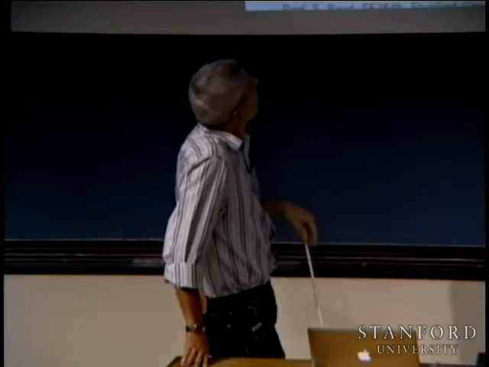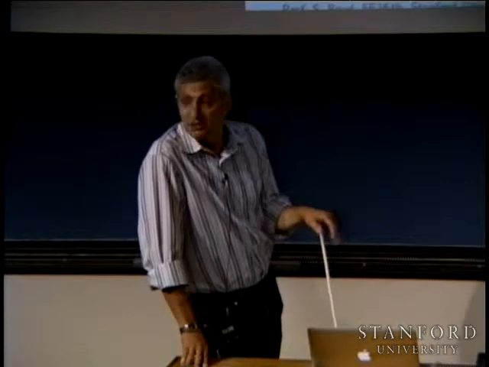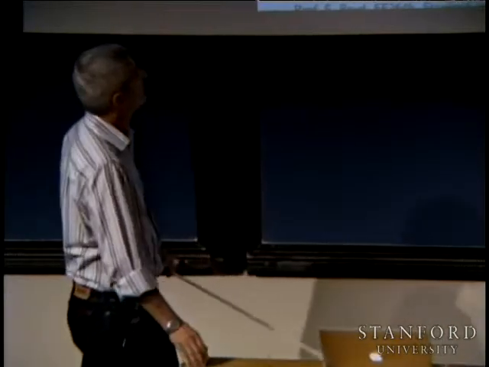If you use log utilities, you don't do admission control, because the utility associated with denying somebody entry to a network, setting a flow to 0 in a log utility, is minus infinity, which basically means infinitely uncool, and so it doesn't happen. So everybody gets a little bit in a log utility type thing.